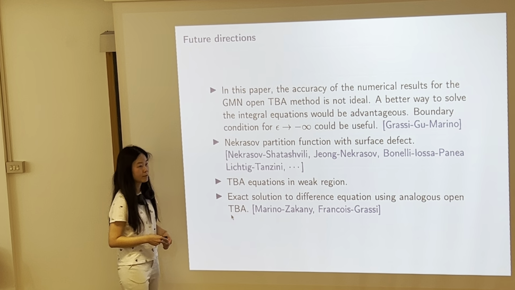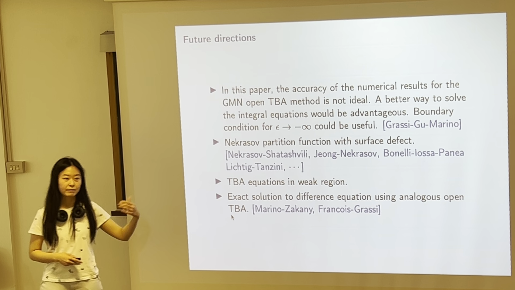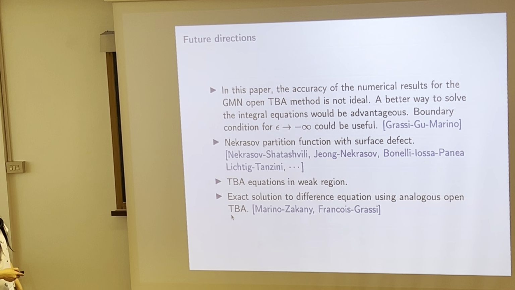And one thought about this might be using some boundary condition at the other side of epsilon. So we use the asymptotic of epsilon goes to 0. But it would be nice to also have some boundary condition for epsilon goes to infinity. And such a boundary condition has been discussed for the closed TBA case, where they are studying the TBA equation for the quantum periods.